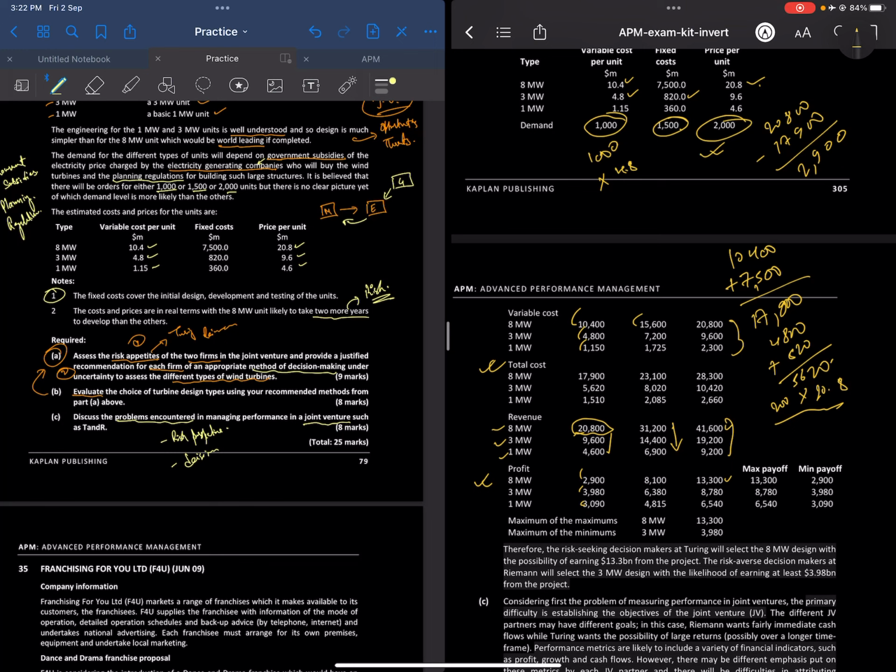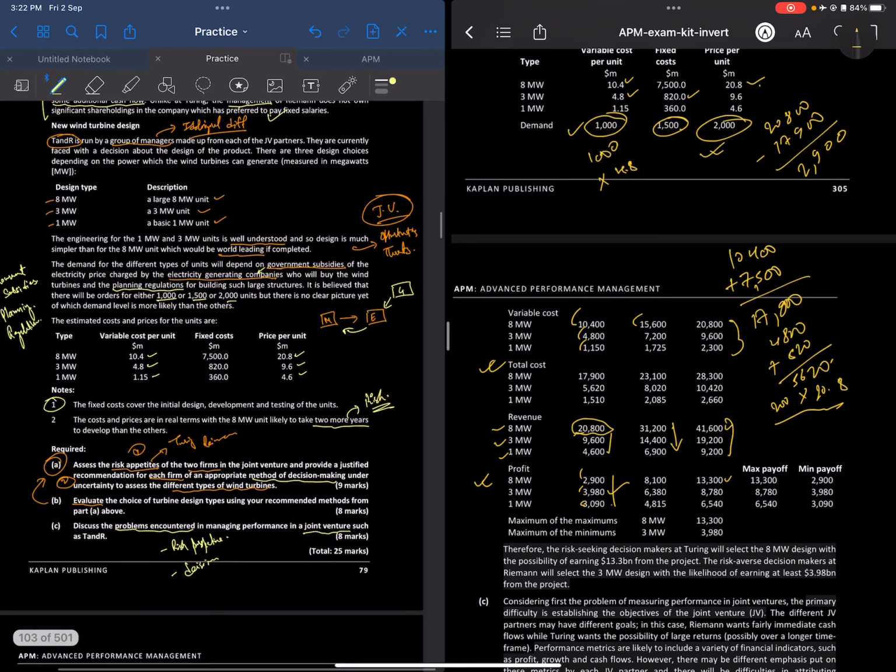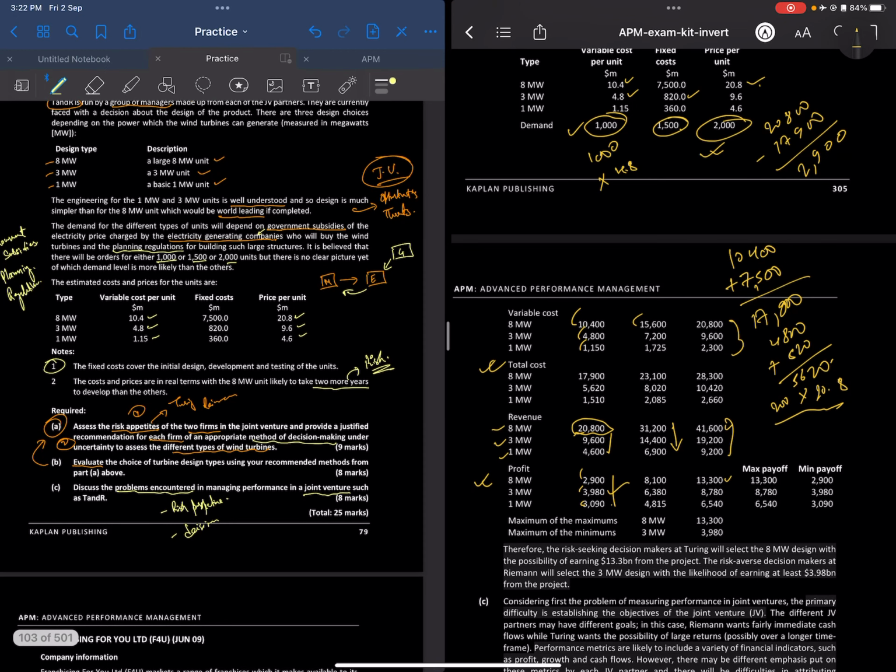With maximin, we choose the best among the worst. The worst case scenario is demand 1000, and what will be our profit under that? It will be all these figures, and the best among them is 3980. So that will be our choice for the other stakeholder, Raymond or something, right? So that's how we can do it.